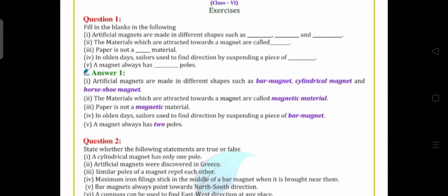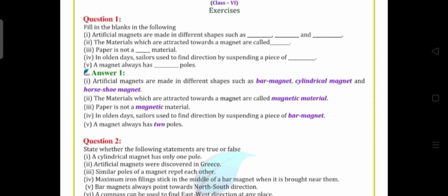In olden days, sailors used to find direction by suspending a piece of dash. So how can we find out a direction if there is no compass? What can we suspend to find out the direction? Think it out.